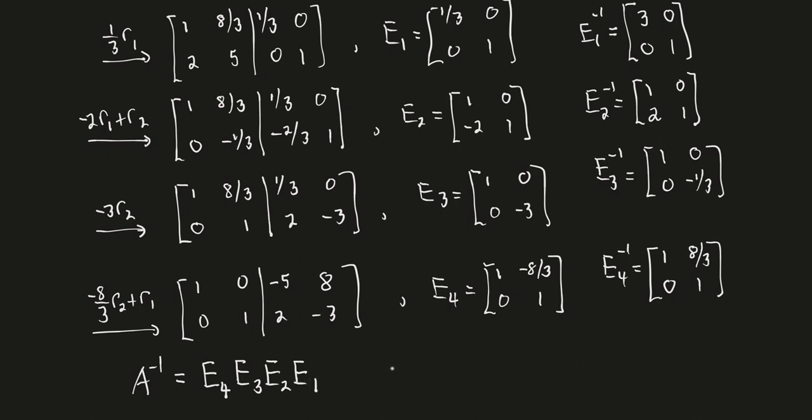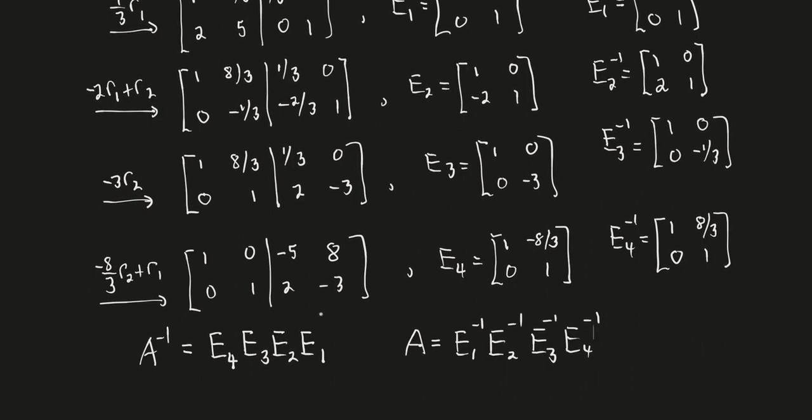And then we also showed that A, the original matrix, can be written as E1 inverse, E2 inverse, E3 inverse, E4 inverse. So here is the inverse of the original matrix, right?